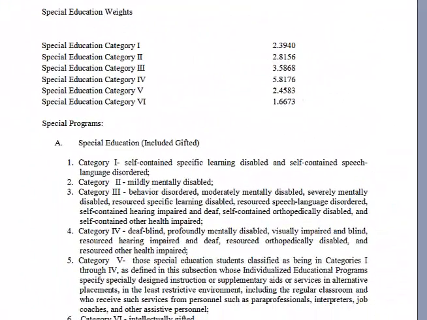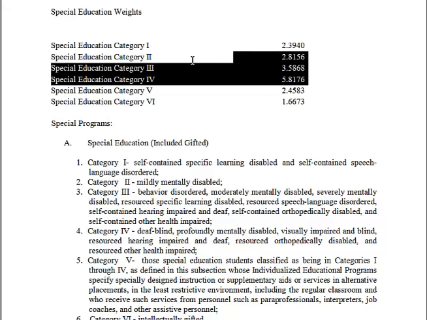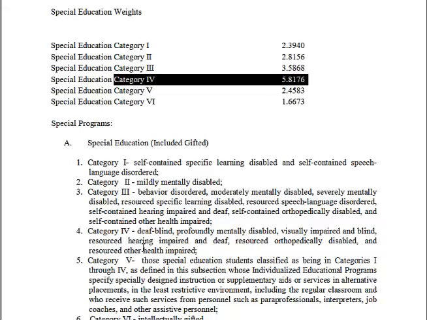So see, if they're in category 1 and it tells you what it is, or category 2, and category 3 brings it out. Category 4 is the most severe, profound students, and it tells you right here they might be like deaf, blind, or visually impaired and blind, or all kinds of major problems that they might have. So that would give you that much more funding that you would get per student per that classroom.